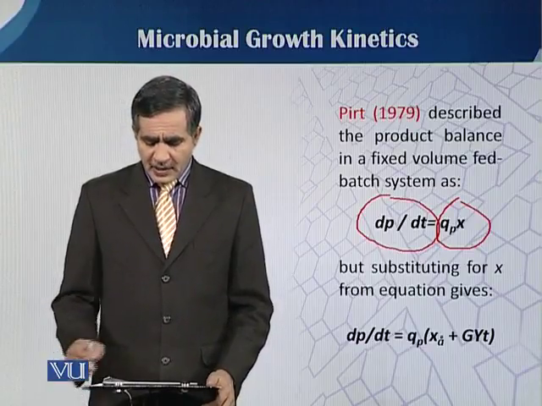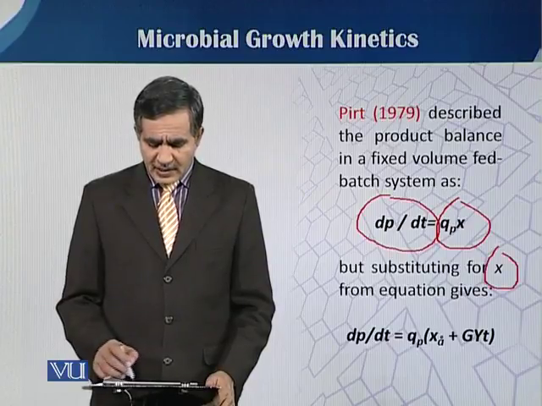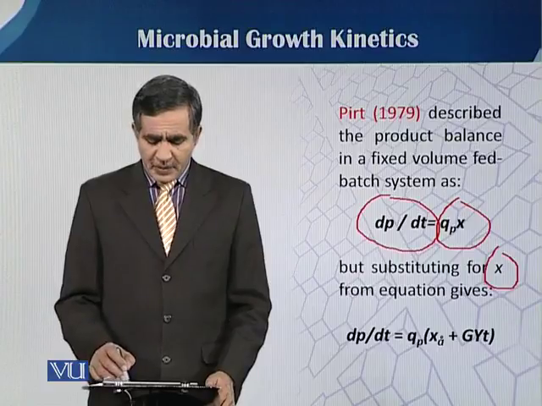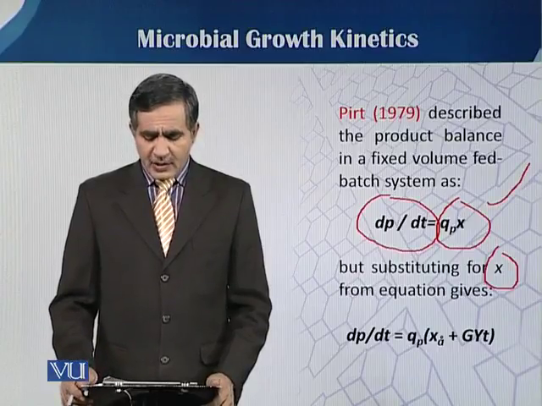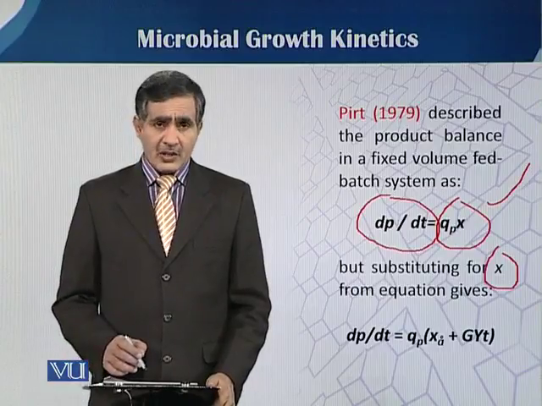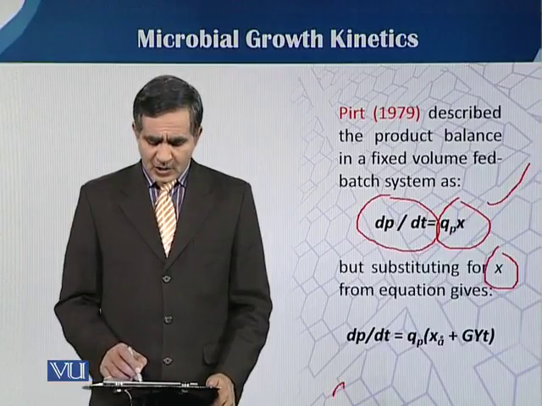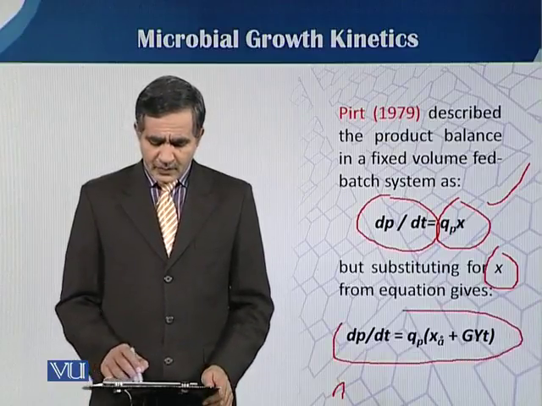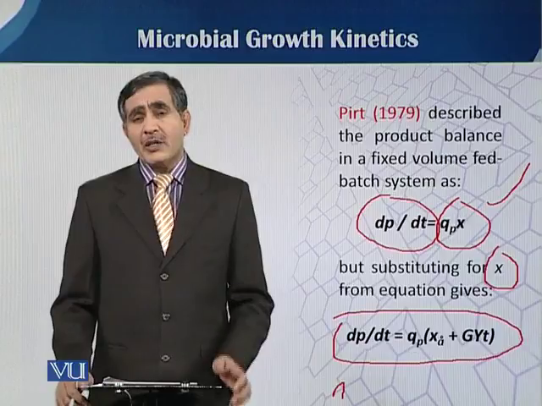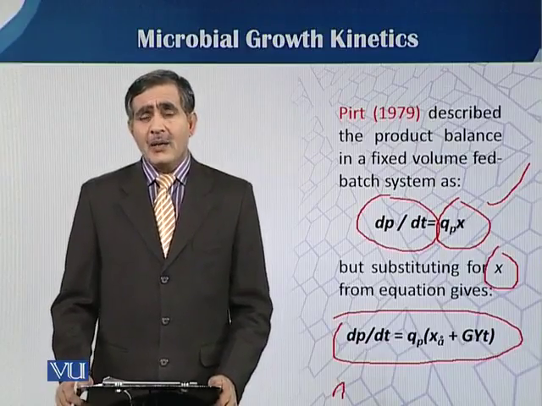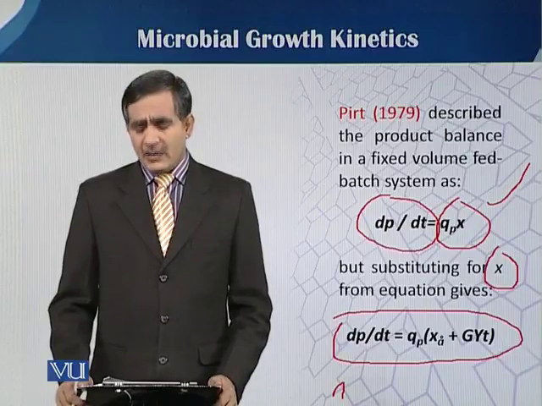So by substituting x, if we put dP over dt equal to Qp x in our previous equation, in which we have x over t, we get this equation. Because in the previous module we discussed the equation in which xt is equal to x0 plus G y into t.